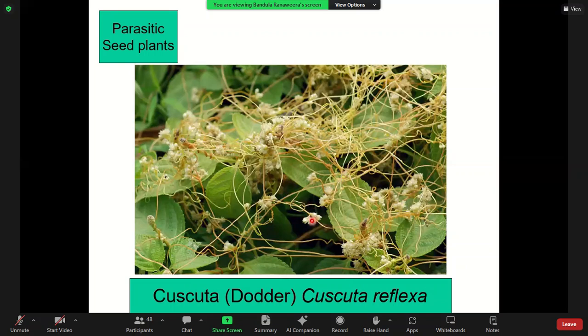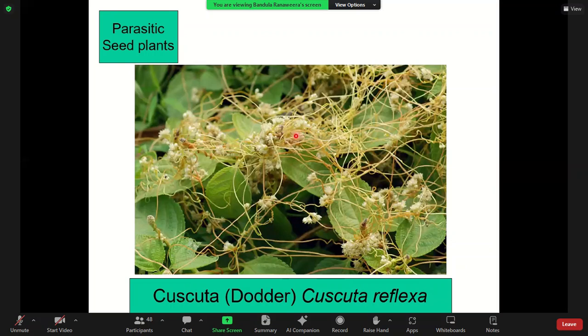See these flowers of the parasitic plant, and it is absorbing its requirements from this host plant. These thread-like parts are stems and these are flowers of the Cuscuta plant.